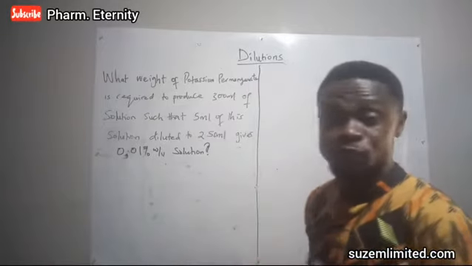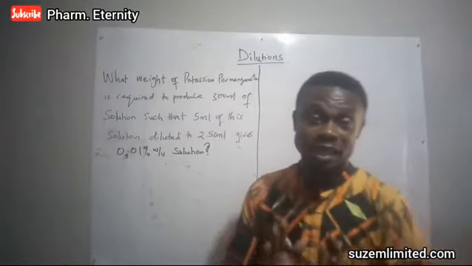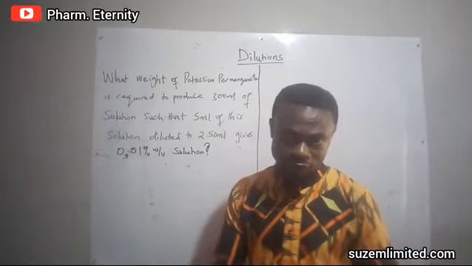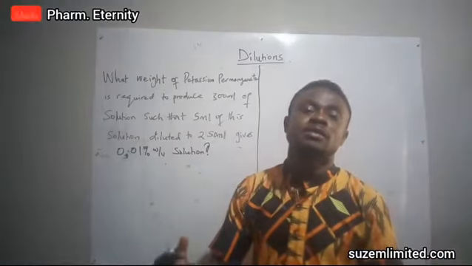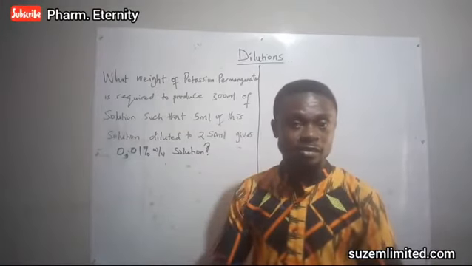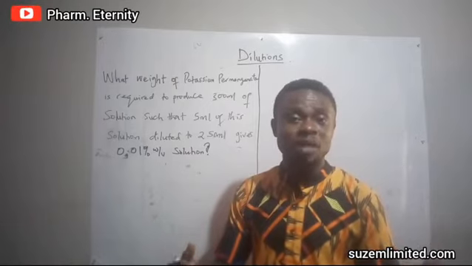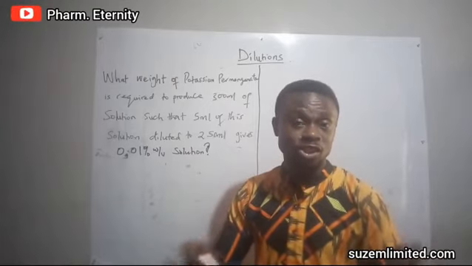One point I want you to understand when it comes to dilution of liquids, the same thing applies with dilution of solids. The more you add the diluents, the initial amount of the active ingredient is not changed.